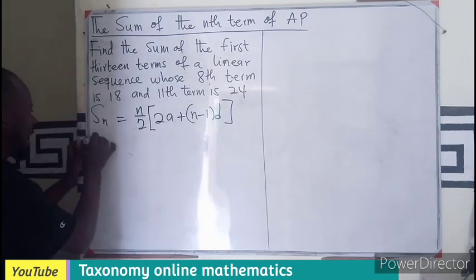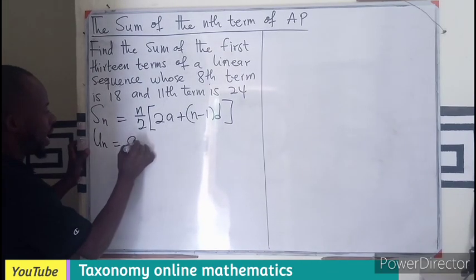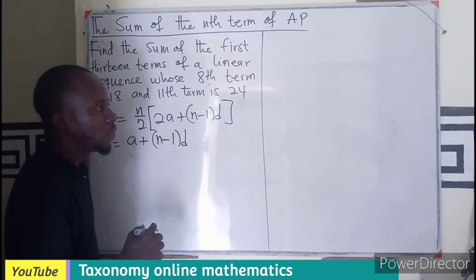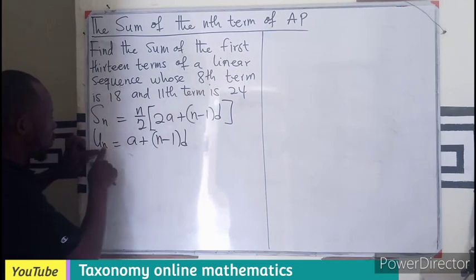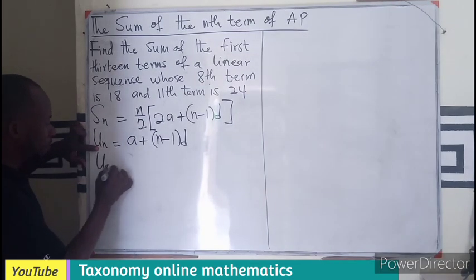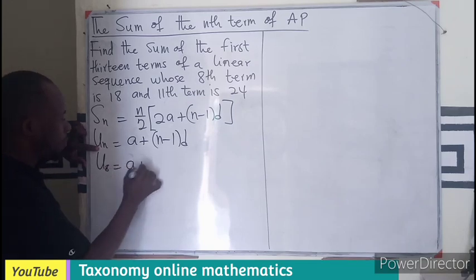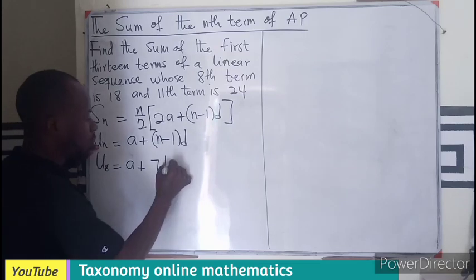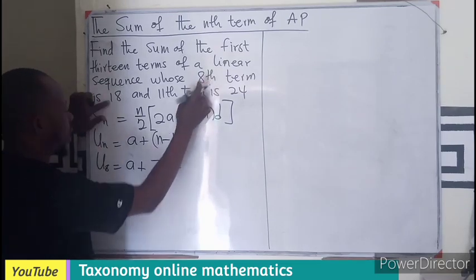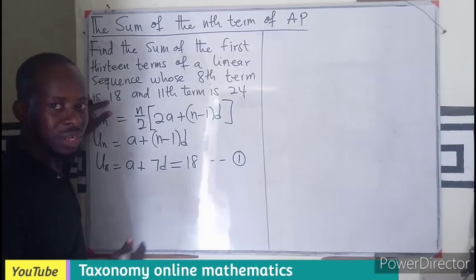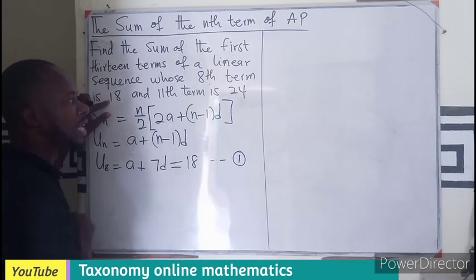We know that the nth term is A plus (n minus 1)D. So the eighth term is going to be A plus (8 minus 1), 7 times D, and this is equal to 18. So that gives us the first equation because we don't know what the A and the D are.